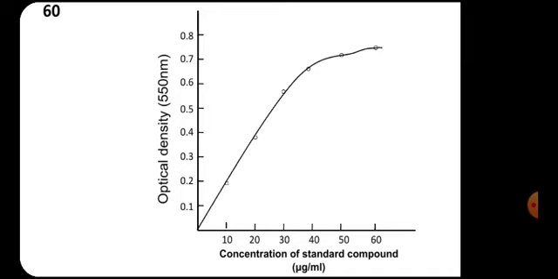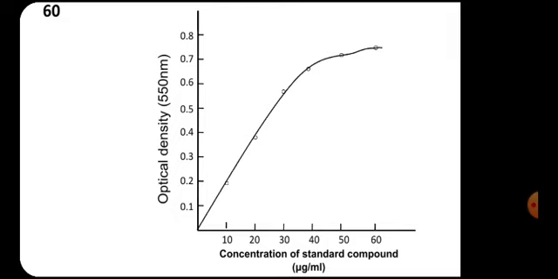We can see in this graph, as the concentration is increasing, the optical density is increasing, and at a particular point you can see that there is a steady state, or the curve is getting bent, or it is getting flat. That part should not be used for further estimations.